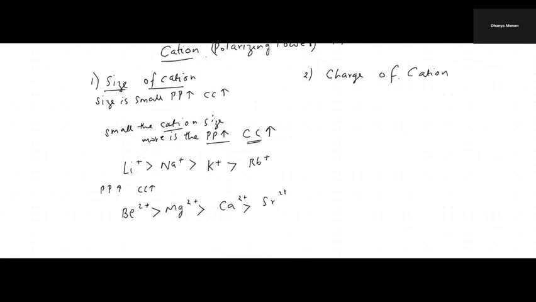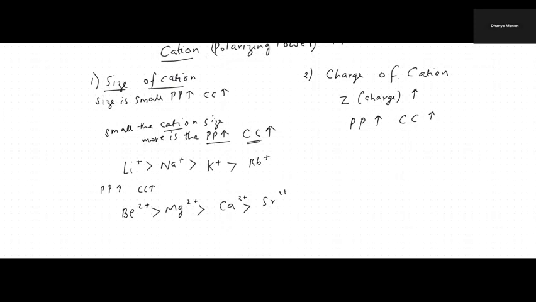If the charge is more, will it attract the electrons more strongly? Yes, if the charge is more, it will attract the electrons of the anion more strongly. So what happens to the polarizing power? Increases. So covalent character increases.